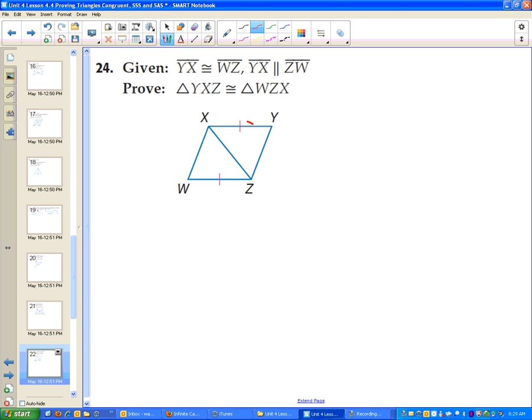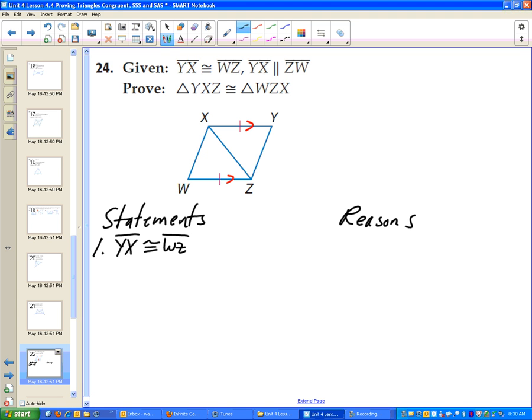All right, so I've got that labeled, and let's start our proof. Statements, reasons. Statement 1, let's put the given in here. Segment YX is congruent to segment WZ.